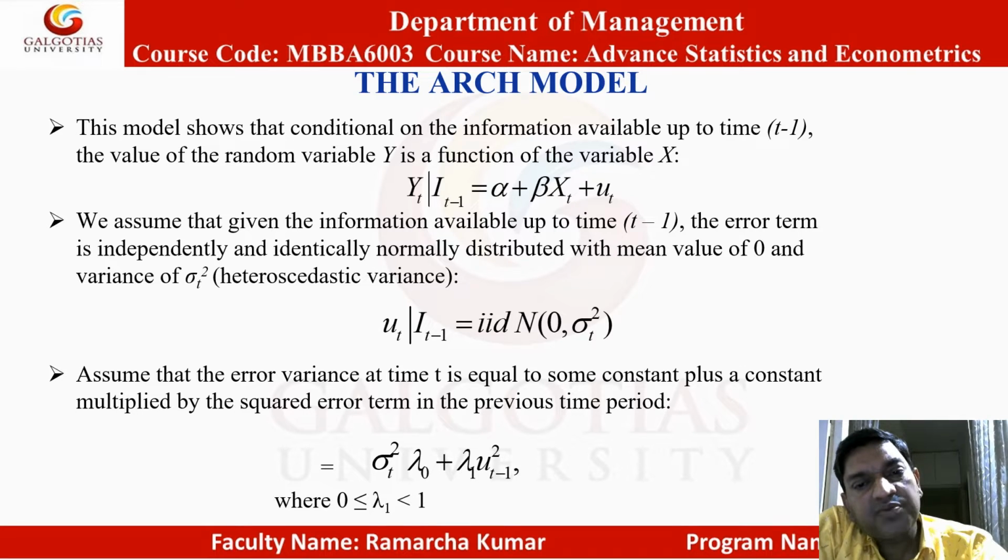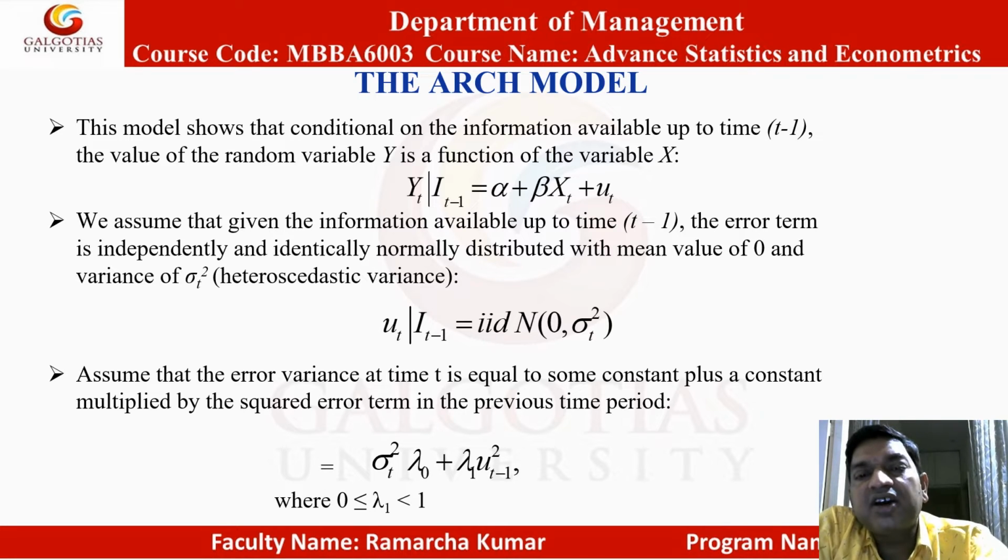Given information available at time t minus 1, u_t is IID, that is identically and independently distributed normal with mean 0 and variance sigma squared t. The t is written because it is a time dependent variance; it is not constant, it is heteroscedastic.